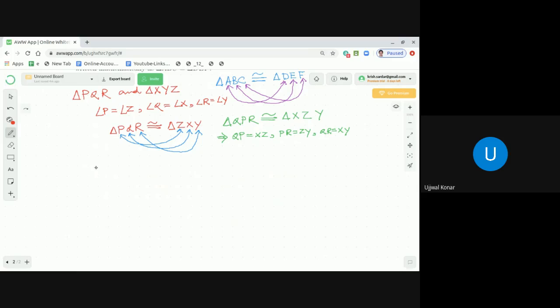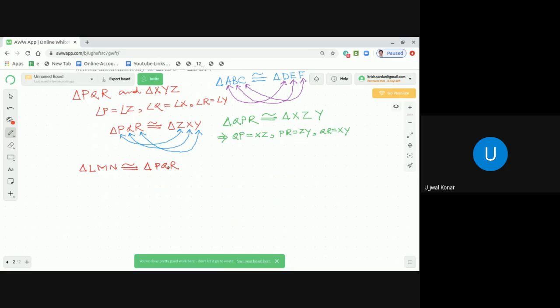Suppose someone is telling you, I have two triangles. One triangle is LMN, and the other triangle is PQR. These two triangles are congruent.